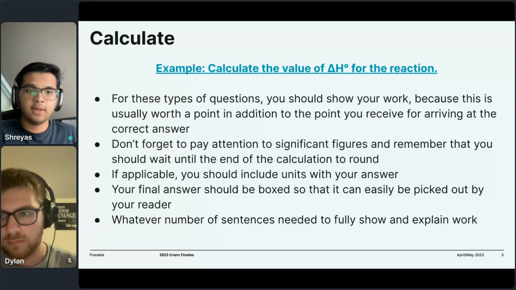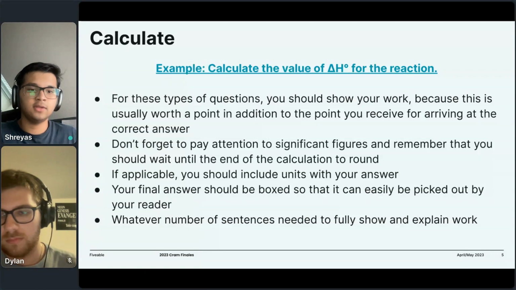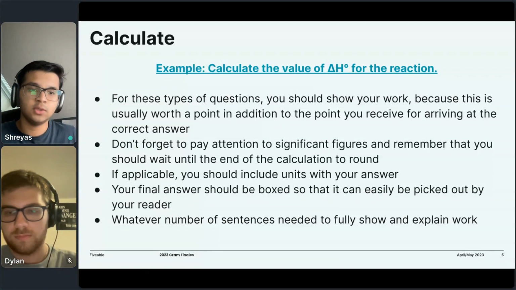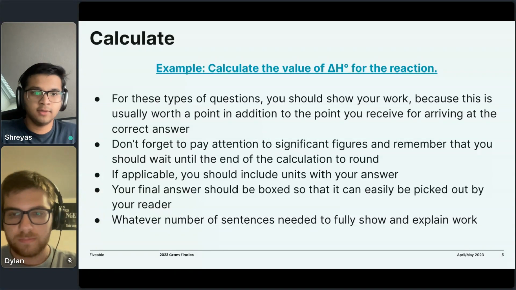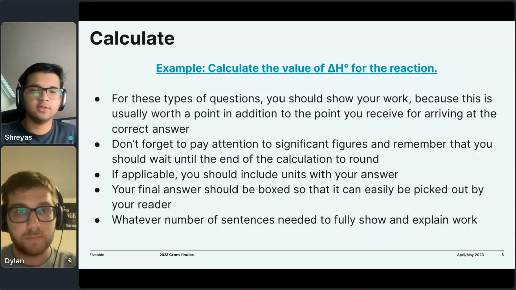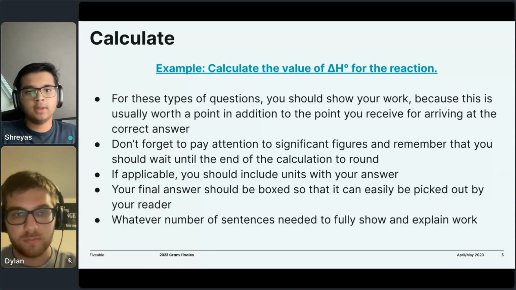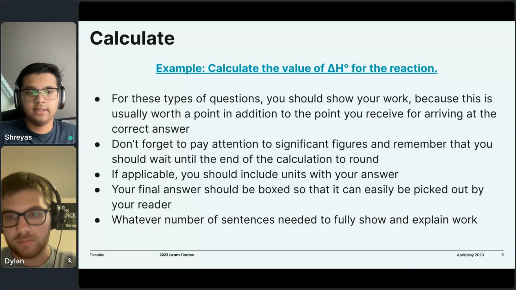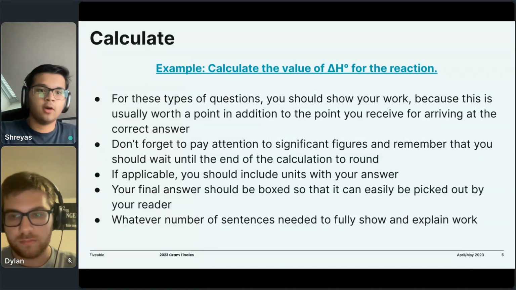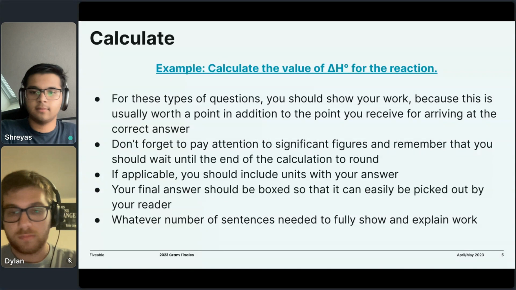You need to really be paying attention to your sig figs while calculating, and you also need to remember to include the units with your answer. Also make it easy for your reader to find your final answer. You should circle it or box it so that they can easily see it. You basically need to show your work completely to make sure that you're getting all the points possible.